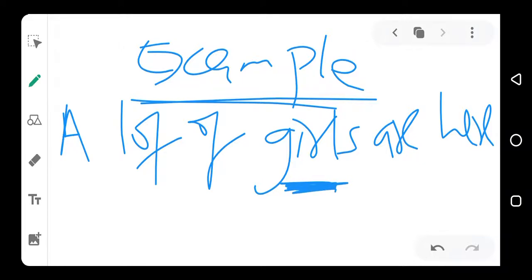It is a plural subject, so it takes a plural verb. A lot of girls are here.